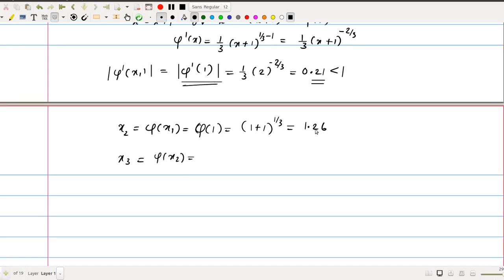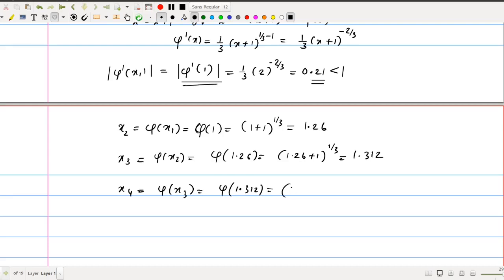We got x2 as 1.26, then phi of 1.26, that is 1.26 plus 1 whole to the power 1 by 3. This is the expression. Then that will be 1.312. This is x3. Similarly, you can find x4. What is x4? That is phi of x3, phi of 1.312.